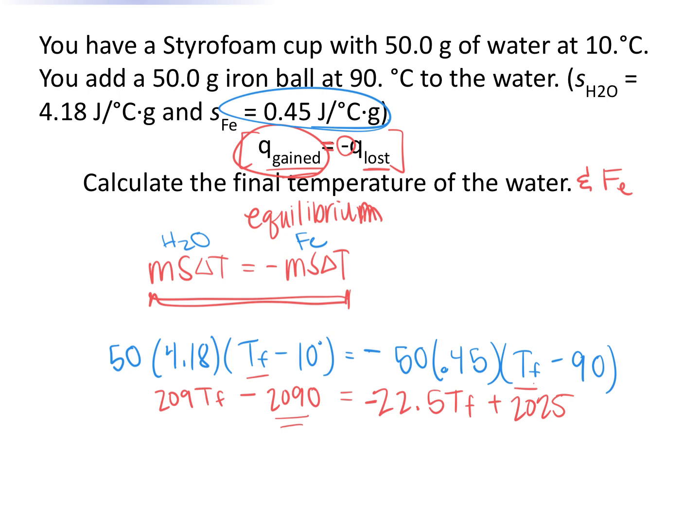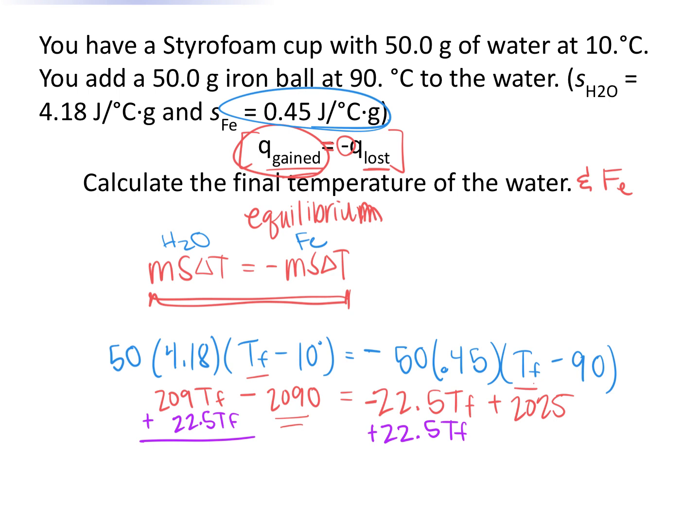Once we're at this point, we combine like terms, which means I would add 22.5 TF plus 22.5 TF.